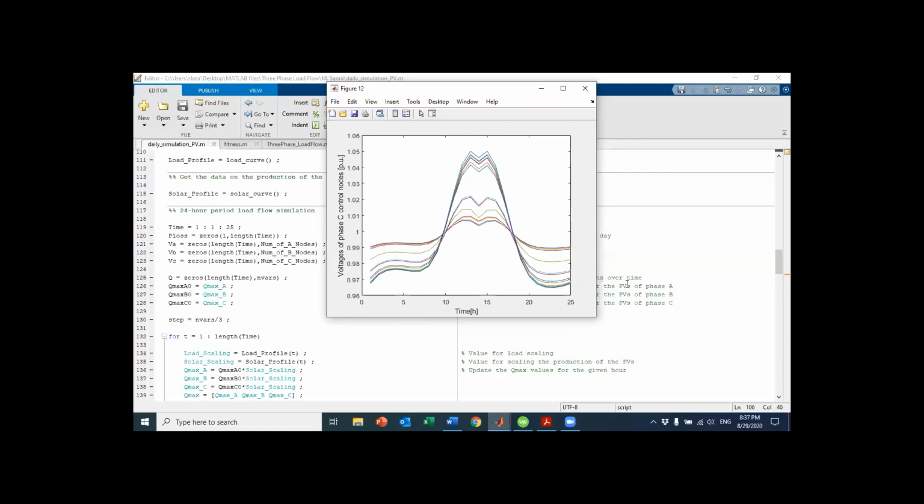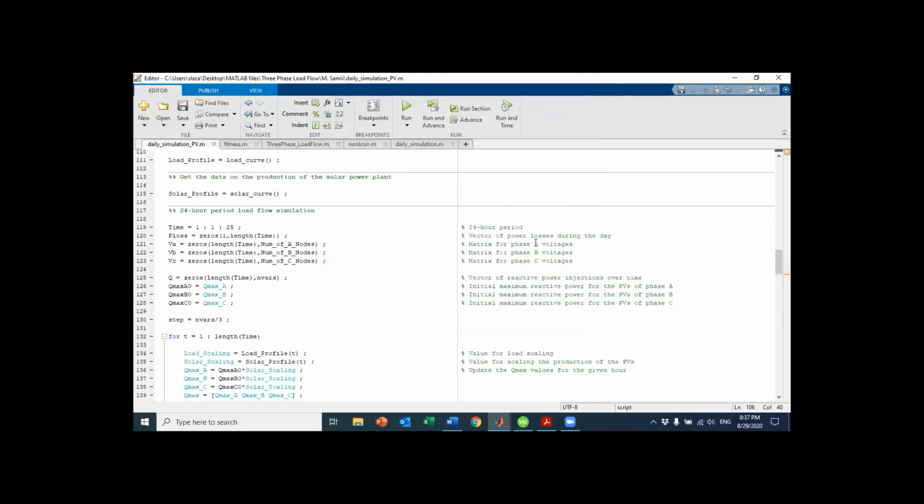So the voltages in all the control nodes and the voltages in all the pilot nodes stay within the predefined limits. However, the important thing to notice is that we are controlling voltages in, let's say, around 30 or 40 nodes, and that the voltages in the other nodes of the system, because of large penetration of PVs, so this is a really large penetration of PVs.